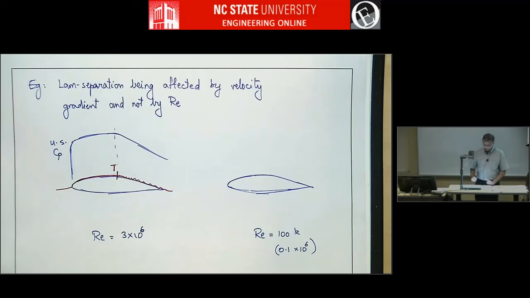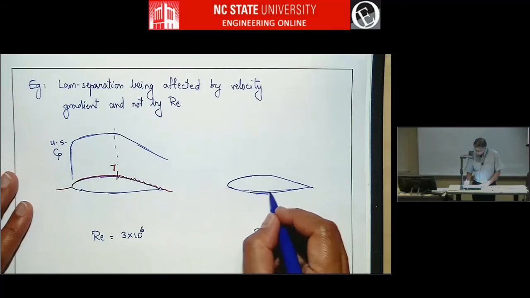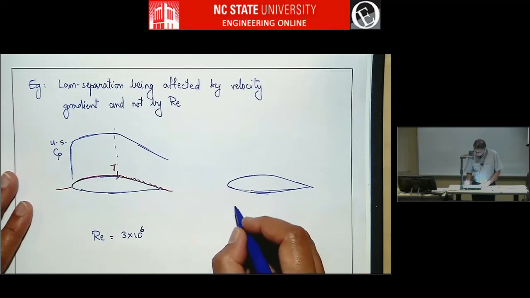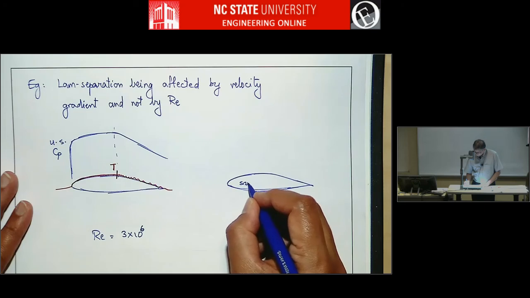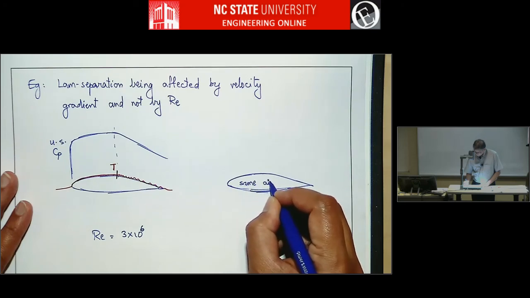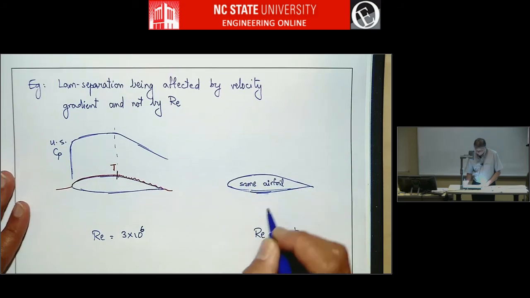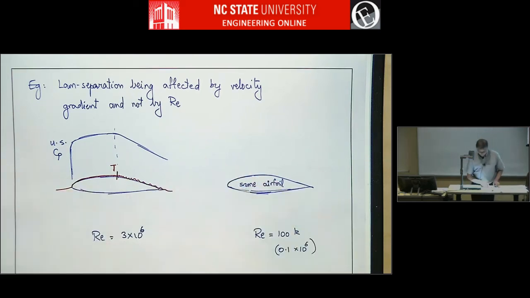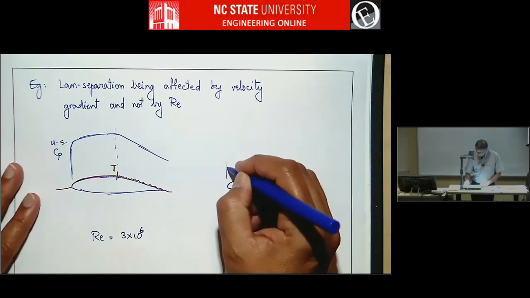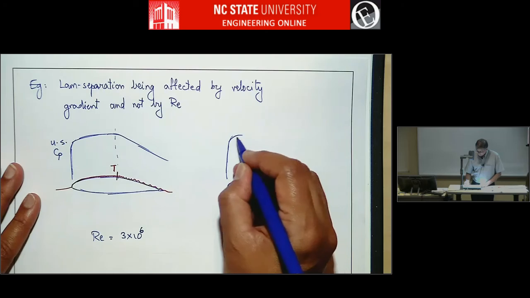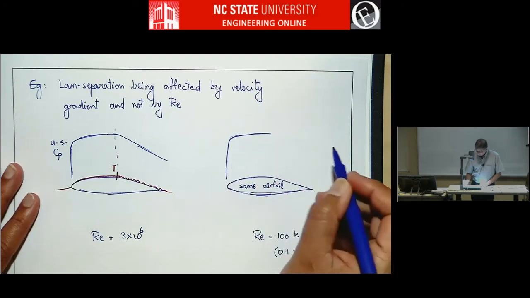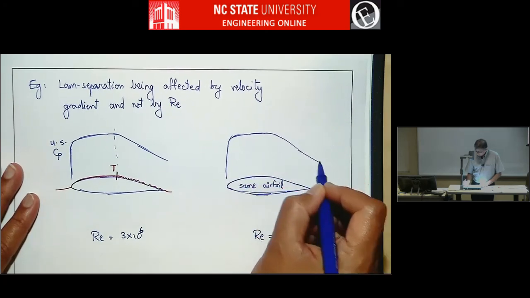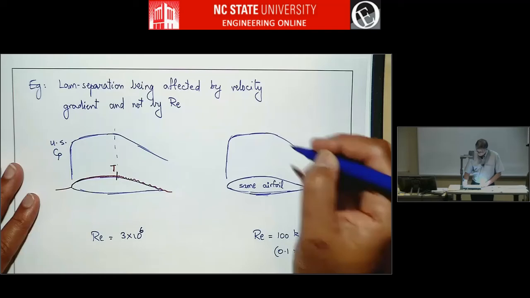This is 3 million, this is 0.1 million. Same airfoil. So for the most part, let's say the inviscid CP distribution is going to be the same. That does not depend on Reynolds number, right? Something like this.